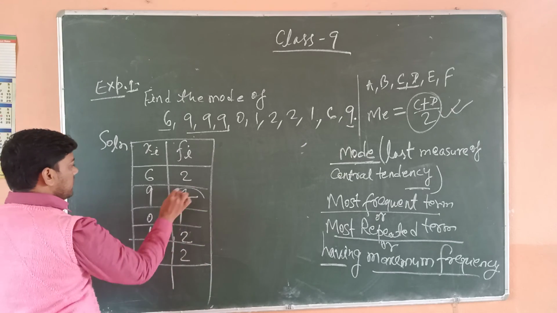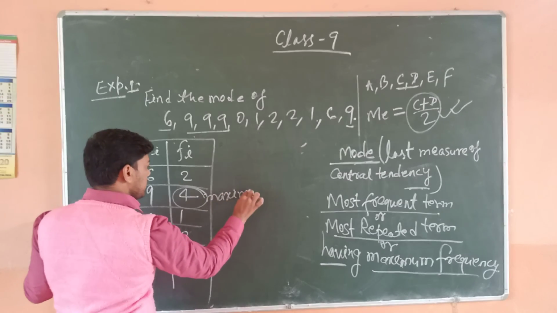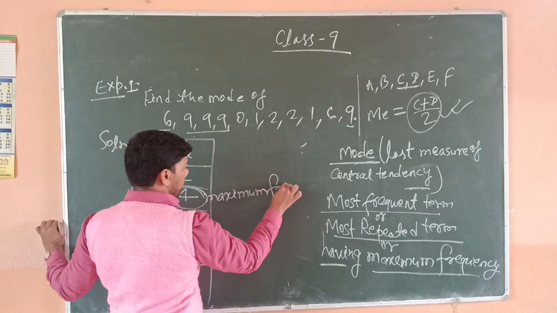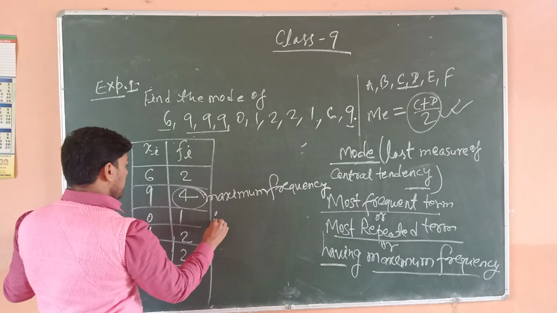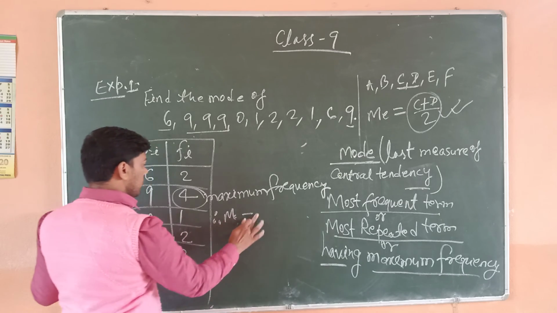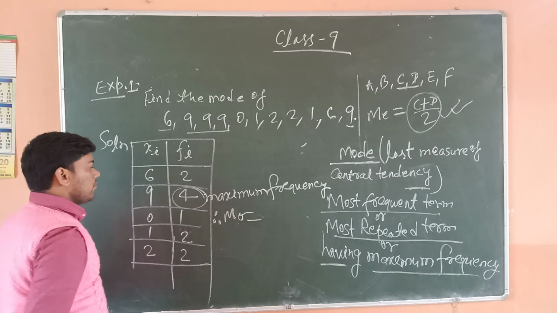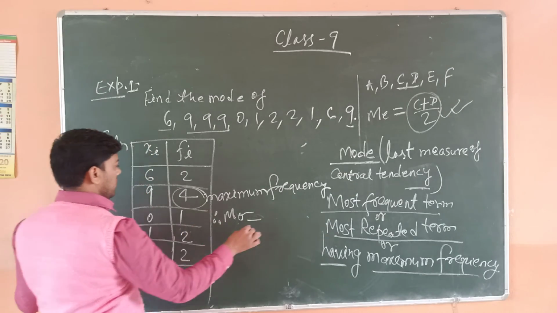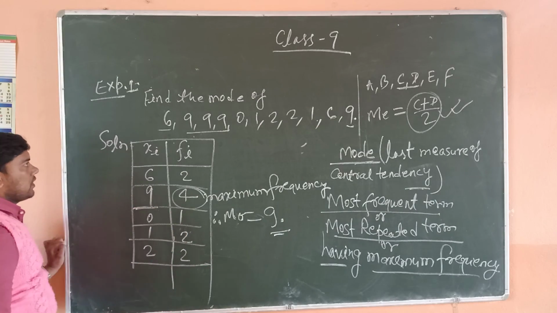So the maximum frequency is 4. Therefore mode, denoted by MO, is equal to 9. 9 is the most frequent term.